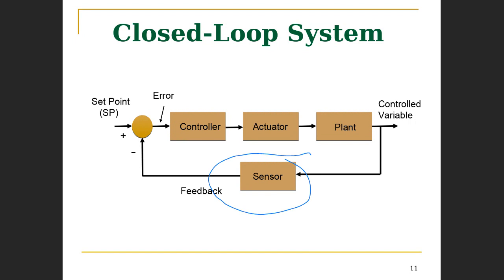And the sensor is providing measurement of our control variable and providing this measurement for comparison with our set point. So the key difference between the closed loop system and the open loop system is that the closed loop system incorporates feedback, all right? And feedback here is providing information about the variable that we're seeking to control, okay? So that's the closed loop system block diagram.